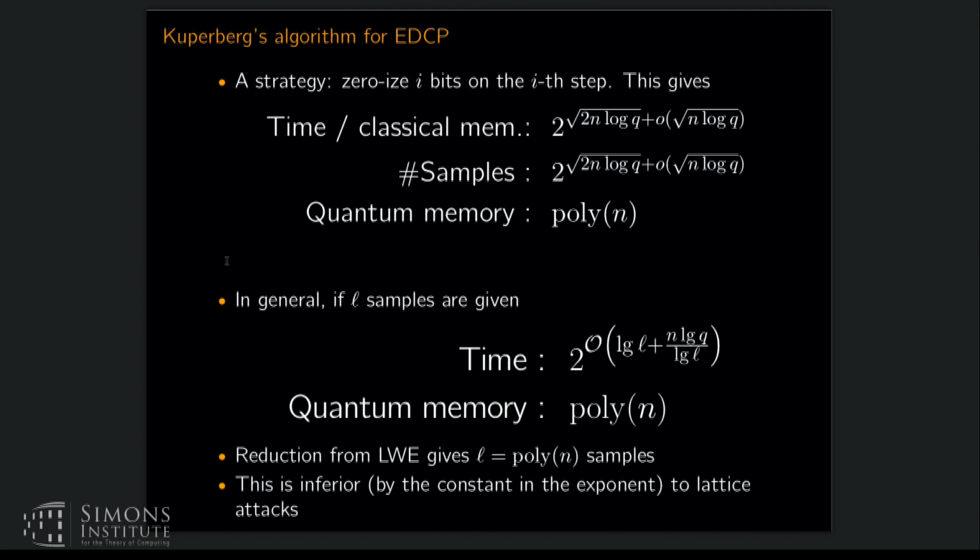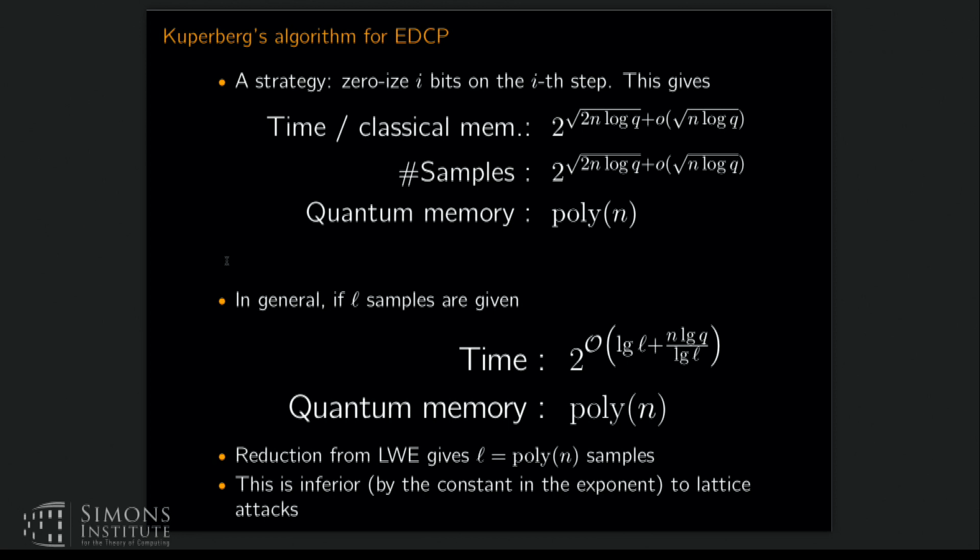Even for LWE, we don't need quantum memory that is poly n. So in the world where quantum memory is expensive, but classical time and classical memory are not, that would be the best solution, up to what we know now.